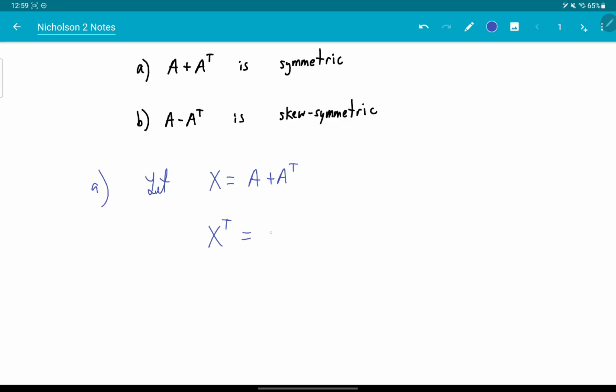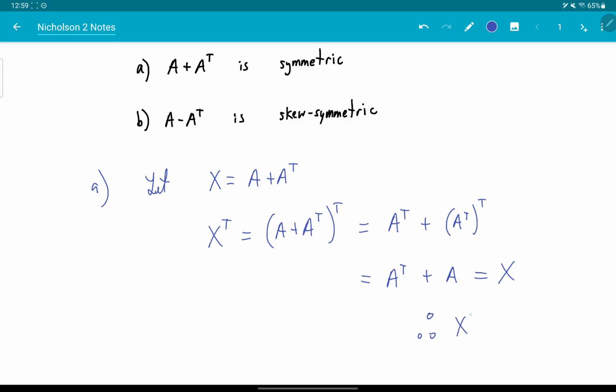X transpose will be (A plus A transpose) all transposed, and then that's A transpose plus A transpose transpose, because the transpose does distribute across the plus. And we've seen the double transpose brings us back to where we started. And there we have it. We have proven that X transpose does indeed equal X.